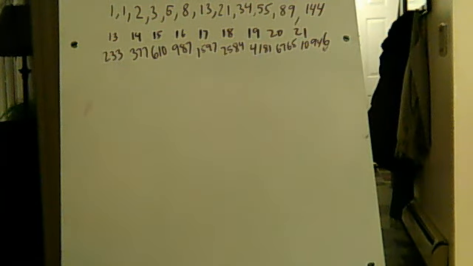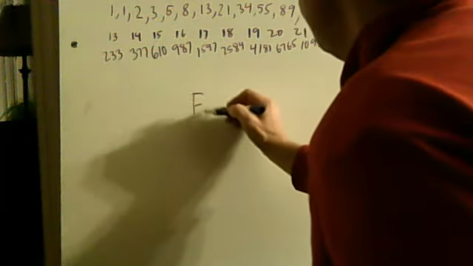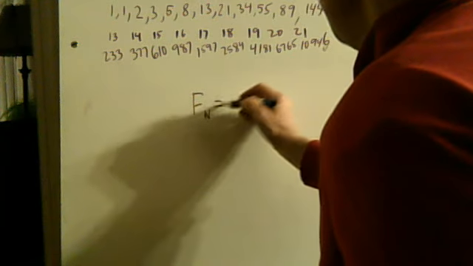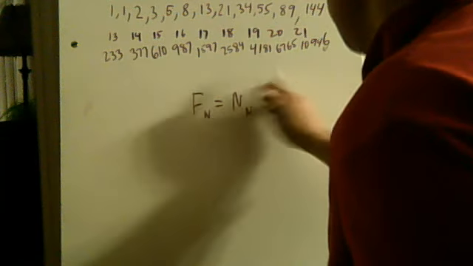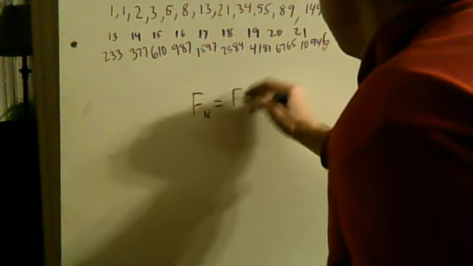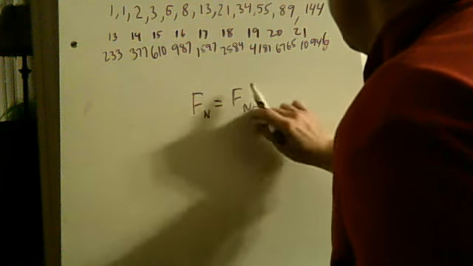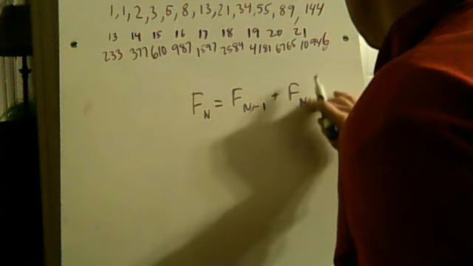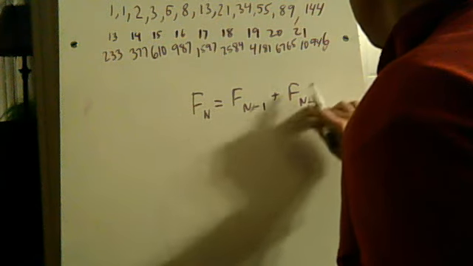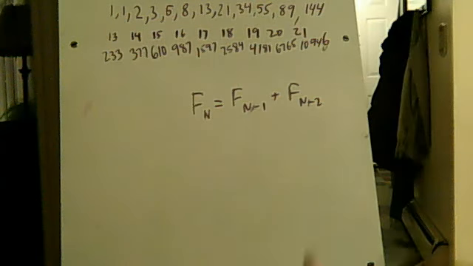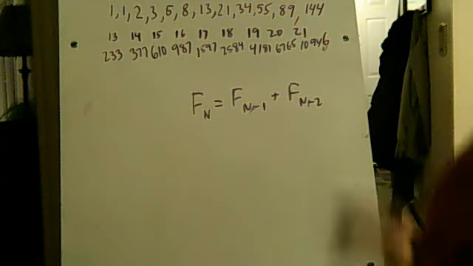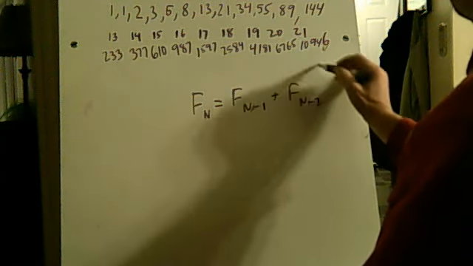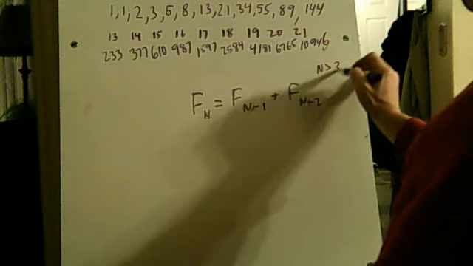Now this one's going to be a little bit trickier. So, we've got the recursive rule of the Fibonacci's, which says the nth Fibonacci is equal to the sum of the previous 2 Fibonacci numbers. Now, this expression can only be valid for n greater than 3.